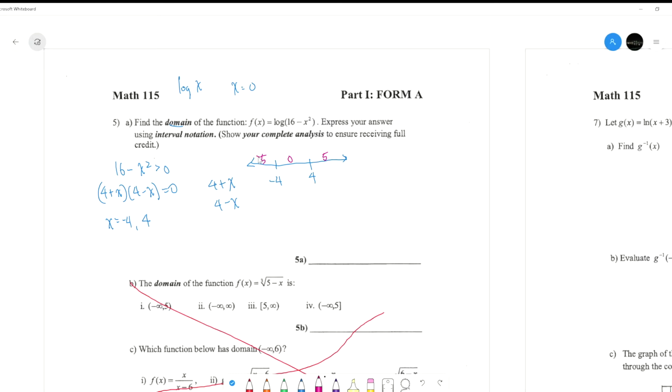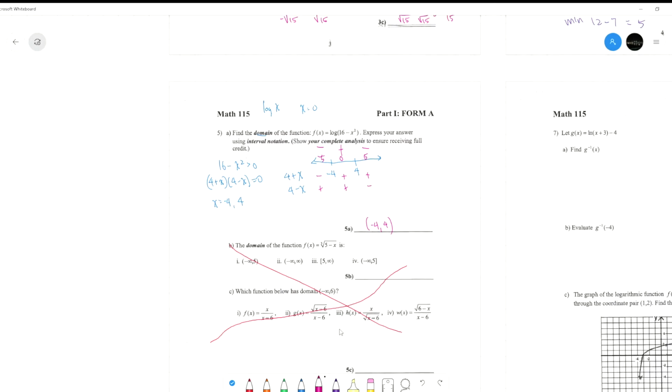If I plug in -5, I get a negative and a positive, which gives me negative. 0 would give me a positive, and a positive is positive. 5 would give me positive and a negative, which is negative. Okay, so where's my interval notation? It would be from -4 to +4 only. Any questions? We doing all right? Okay.